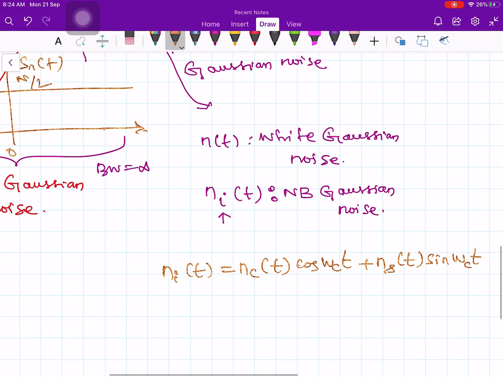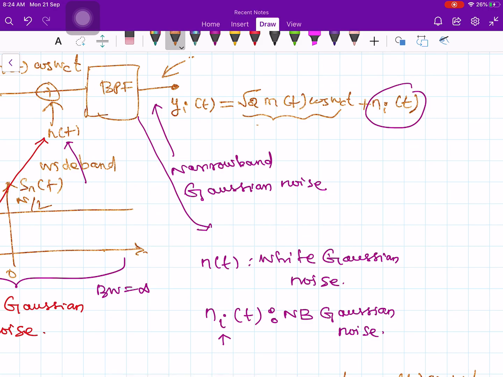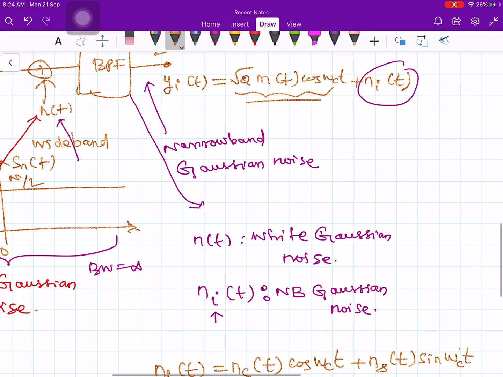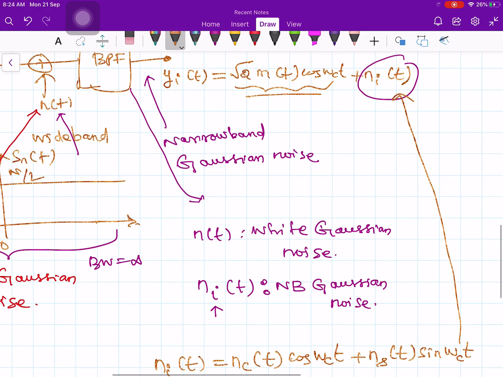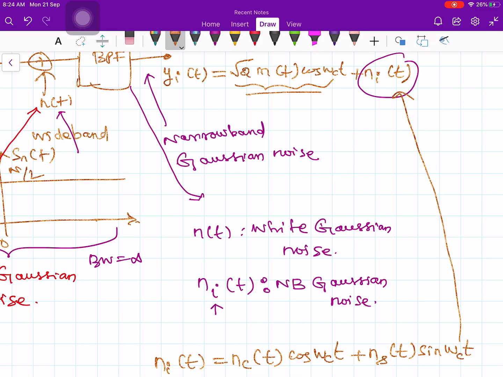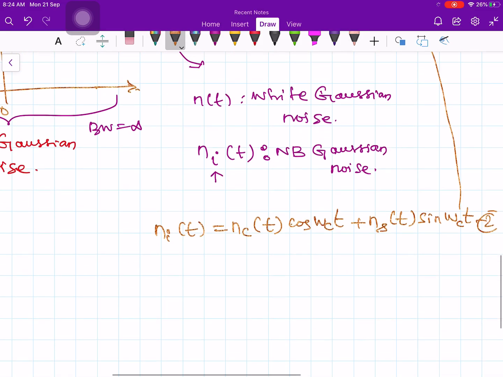So what is your y? Yi of t equals root 2 times m of t cos omega ct plus Ni of t. Now substitute this in this place. Let me say this is equation number 1 and equation number 2. Substitute equation 2 in equation 1. So your yi of t is equal to root 2 times m of t cos omega ct.